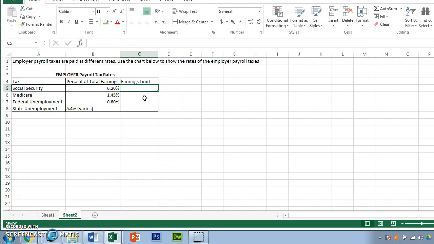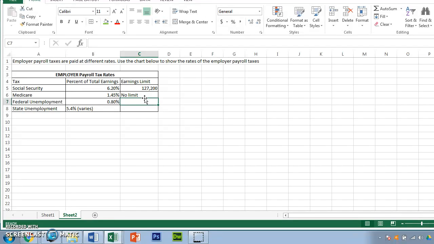So that number is going to vary by business, but let's just use the 5.4%. The earnings limit: we talked about this before. Once your gross wages, your accumulated earnings, reach $127,200, that's for 2017, you no longer have to pay that Social Security. There is no limit for Medicare.